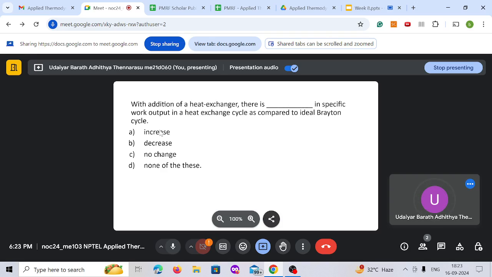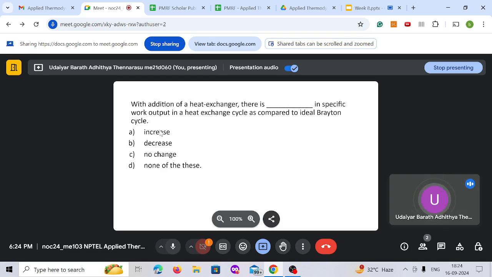So next is, with addition of a heat exchanger, there is dash in specific work output in a heat exchanger cycle as compared to ideal Brayton cycle. So with addition of heat exchanger, they are talking about a regenerative cycle. So you are using part of the heat which is generated during the compression before sending it to heat addition.